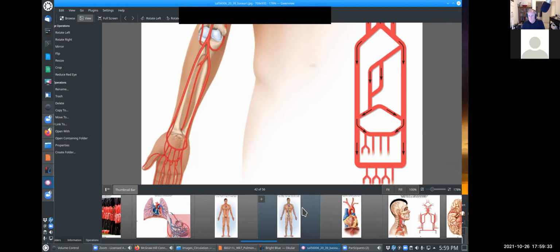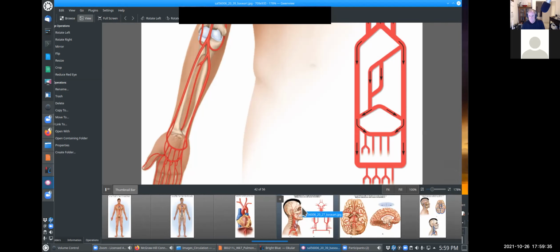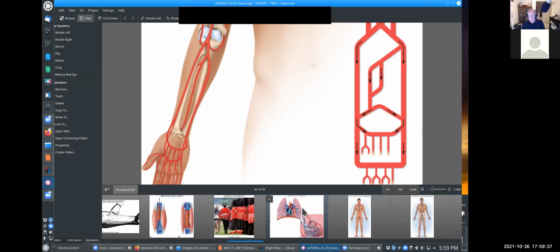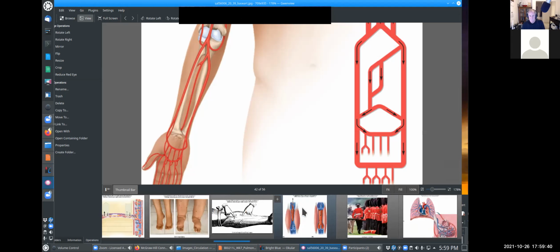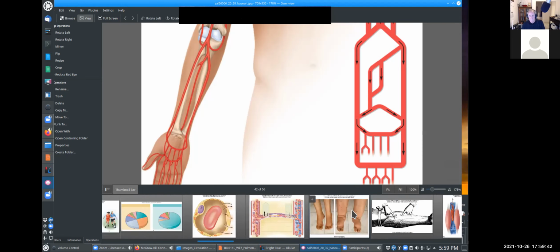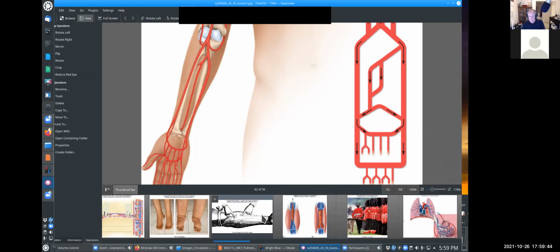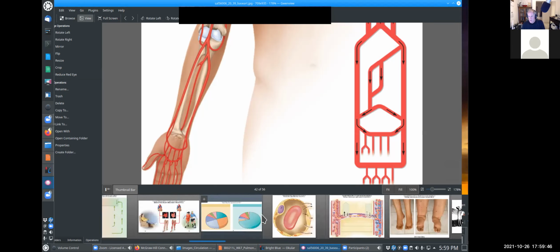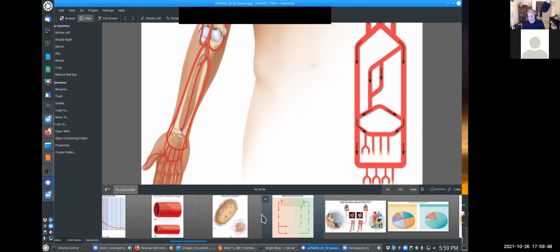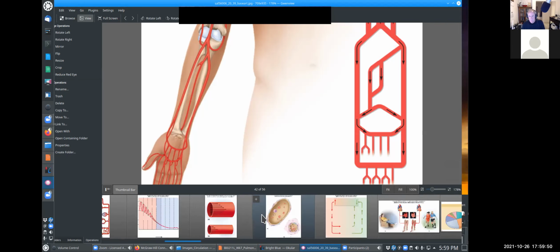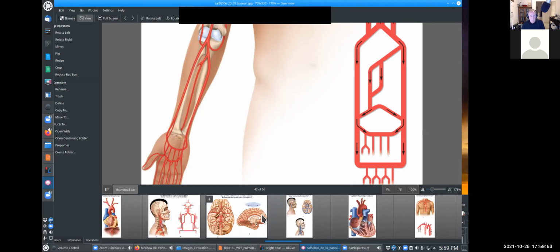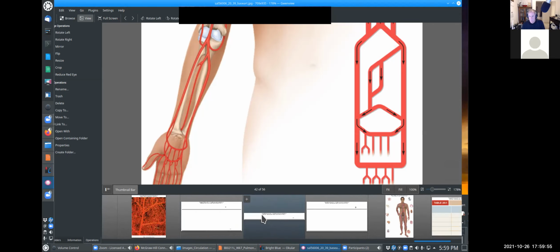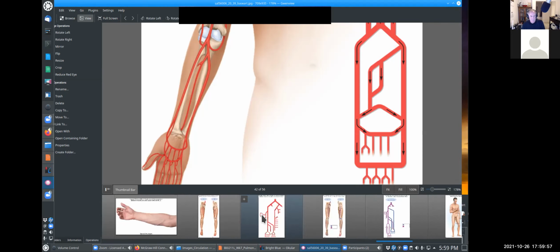Okay, so veins. Remember, veins have valves in them.